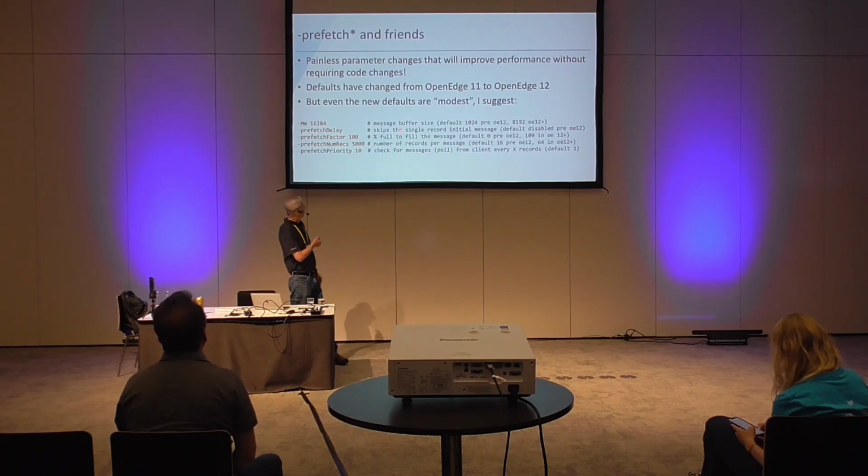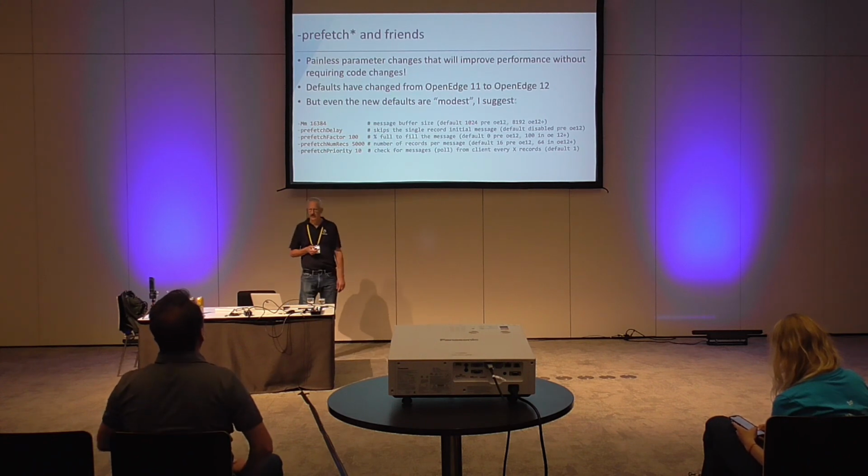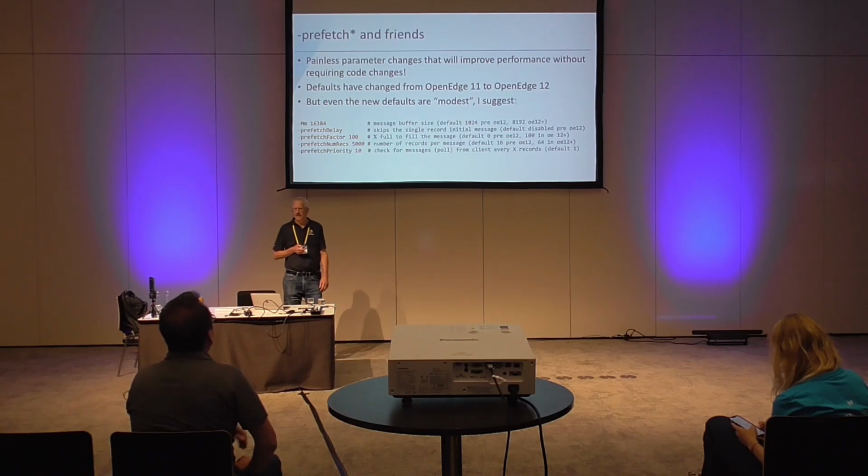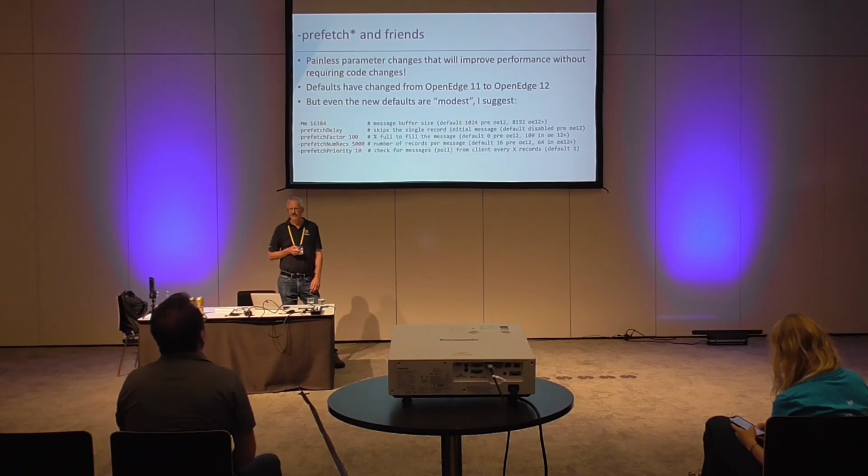So where Progress has increased the default here from 1K to 8K, I would go to 16 personally. That's what I use, is 16384. Once again, a power of 2, because I like powers of 2. The maximum is 32,000, so you can't go any higher, and unfortunately that is not a power of 2.